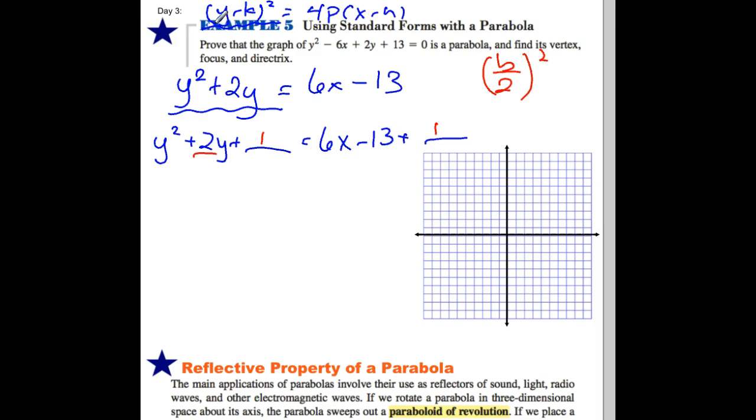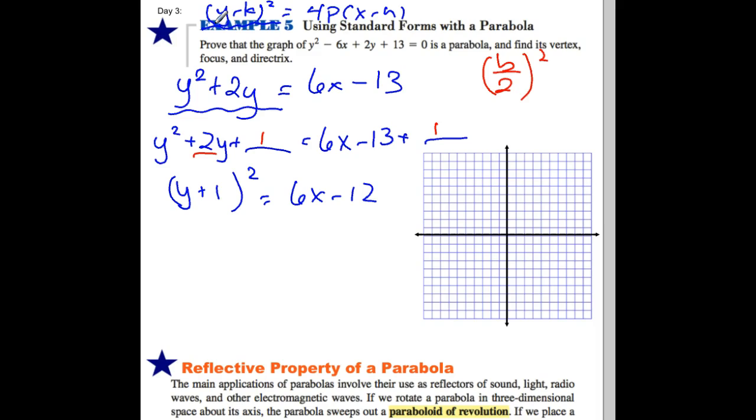Now we need to factor the left side. So we have y squared plus 2y plus 1. We want it to factor down into a quantity squared. What would it be? On the other side, combining like terms, the negative 13 plus 1 would be negative 12.